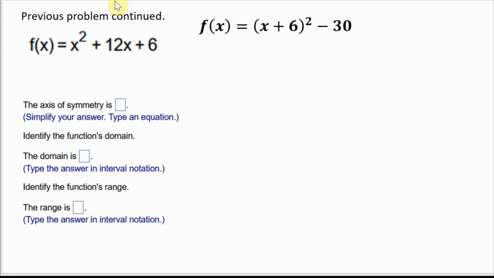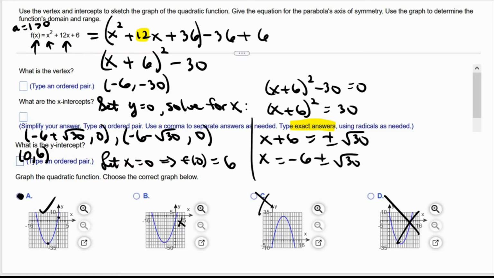For the axis of symmetry, I look here. And so that's just x equal to negative 6. You see that? For the domain, go back to that graph to get the domain and the range. So the domain is from negative infinity to positive infinity.